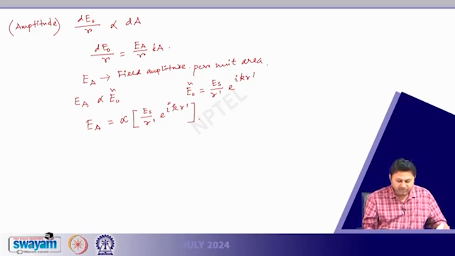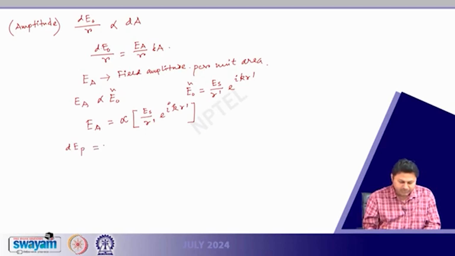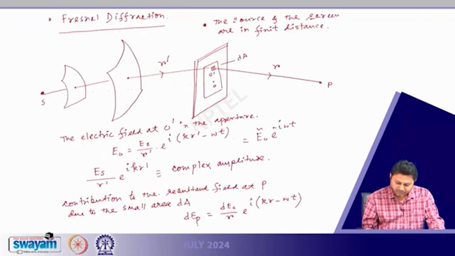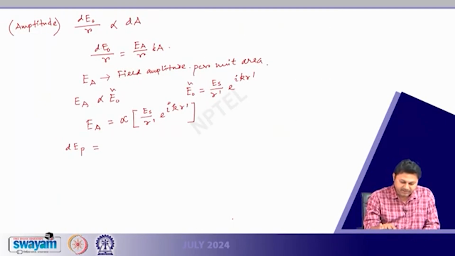So essentially we can have this: dE_P, which was equal to E0 divided by R. E0 divided by R is E_A dA, and E_A is this.